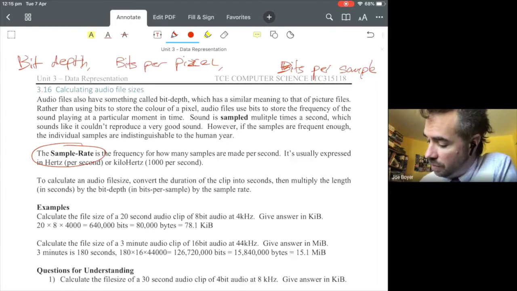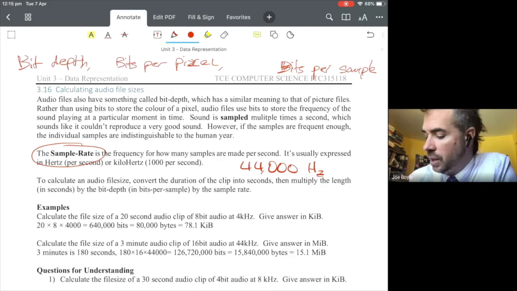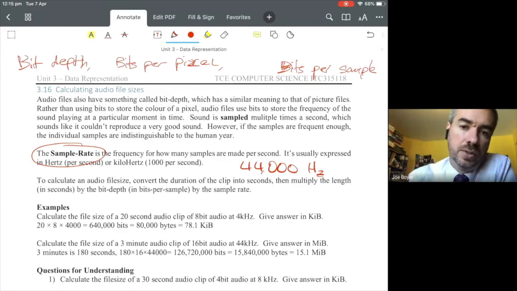A really common one, for example, is 44,000 hertz, which means that essentially 44,000 times a second, we're finding out what is the frequency of the sound that I'm listening to right at this second. So the microphone is receiving constant noise, but it's not actually recording constant noise. It's just recording it in snapshots, of which there are 44,000 snapshots in a second.